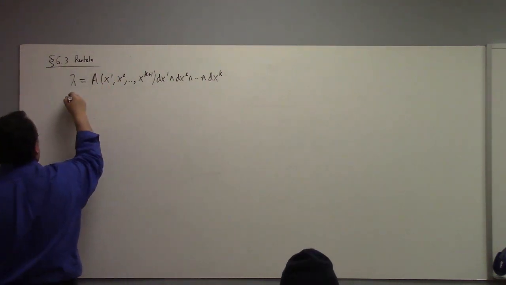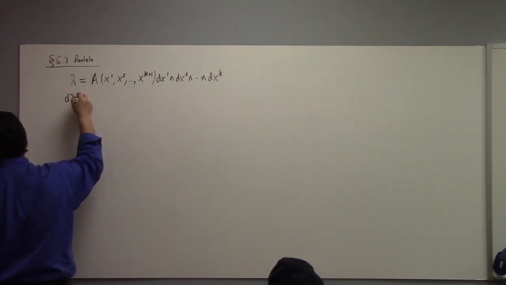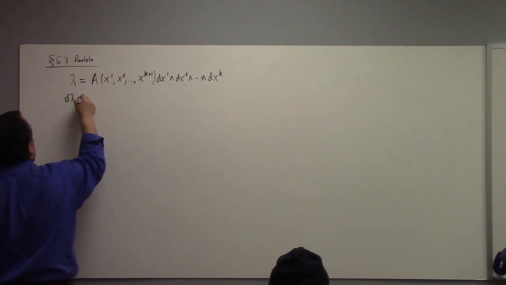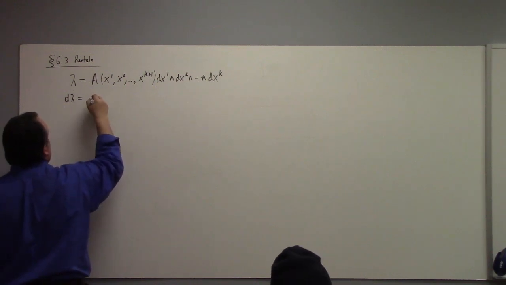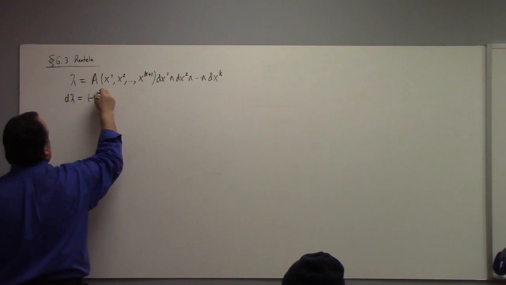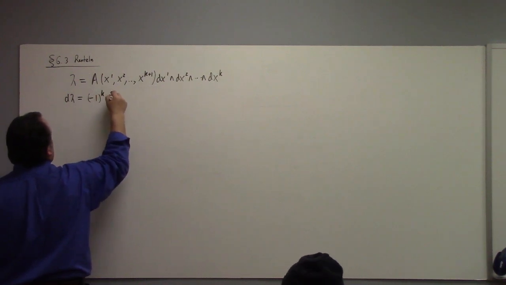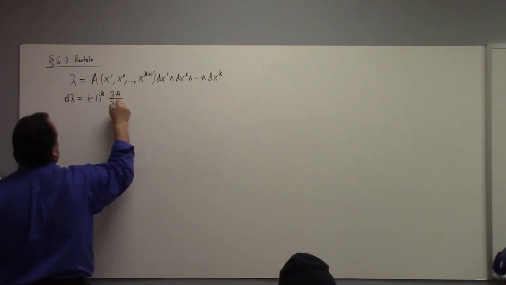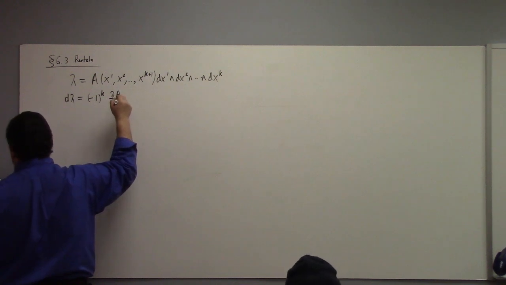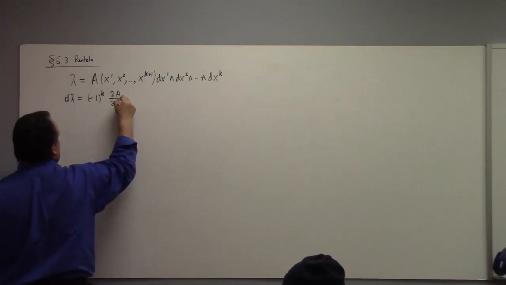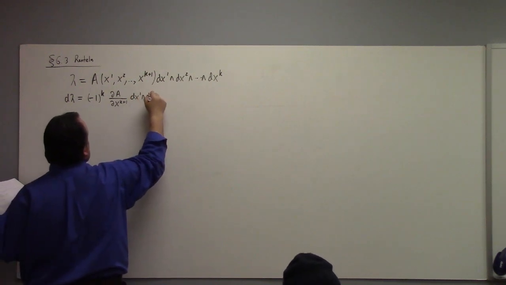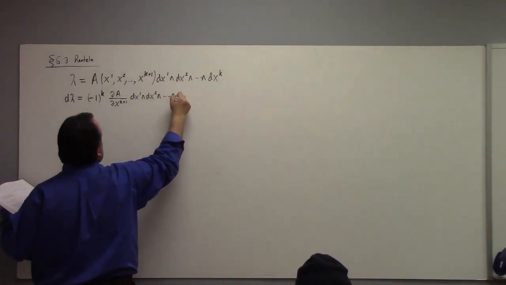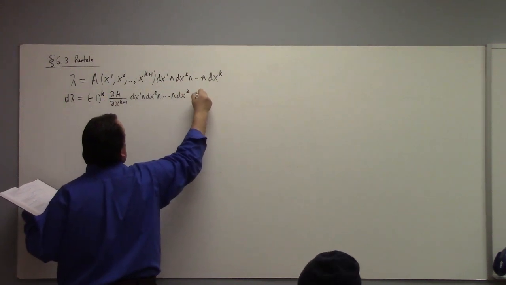And then what's d lambda? By definition, it is (-1)^k times partial a over partial x_{k+1}, times dx1 wedge dx2 wedge dots wedge dxk wedge dx_{k+1}.